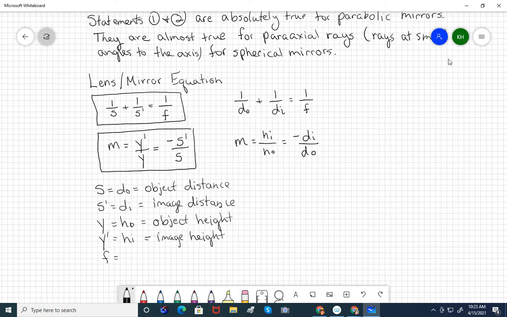And F is equal to the focal length. And really important to know when you're thinking focal length, F is positive for concave mirrors.